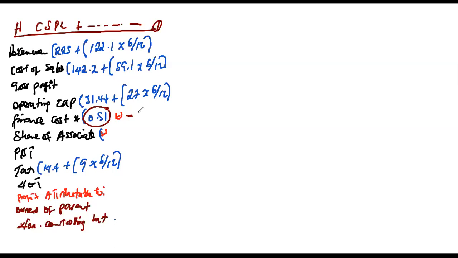So we remove it first. We open brackets: 6 million multiplied by 6 months over 12, and then the answer we multiply by the 10%.